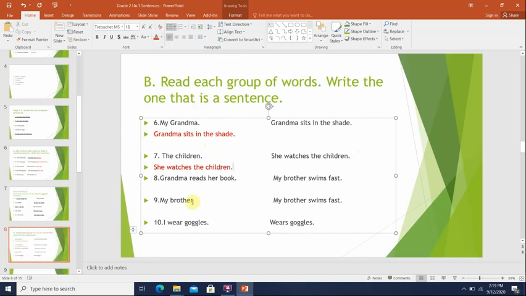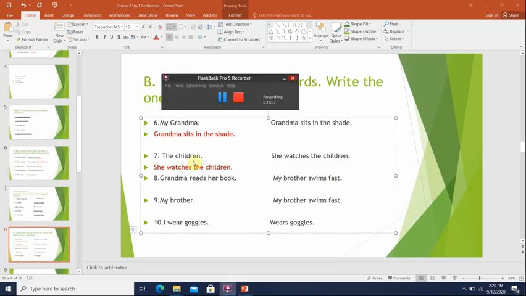Number 8, grandma reads her book. My brother swims fast. Here we have 2. Here, grandma reads her book. My brother swims fast. Or maybe I wrote the wrong sentence. Okay, let me go back and check it. One minute. Okay, so I went back and checked the book.